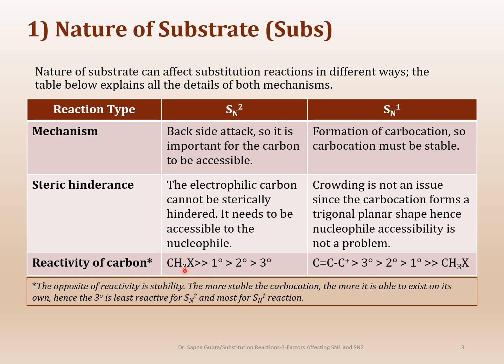So this is the most reactive. Then the primary halides, or primary carbons, are going to be more reactive. Remember, when we're talking about carbon, we're talking about the electrophilic center, where the leaving group is. So primary, secondary, tertiary. Tertiary is the least favorable for SN2.